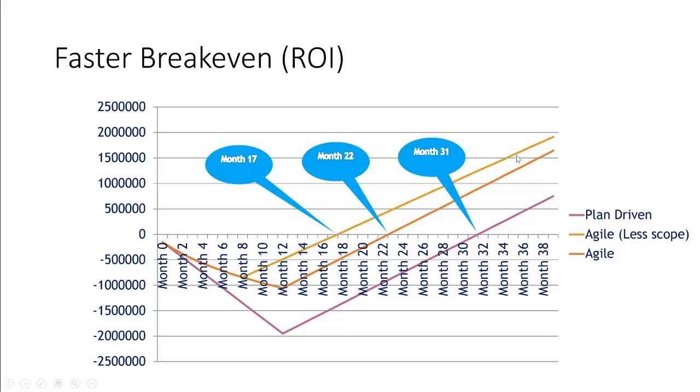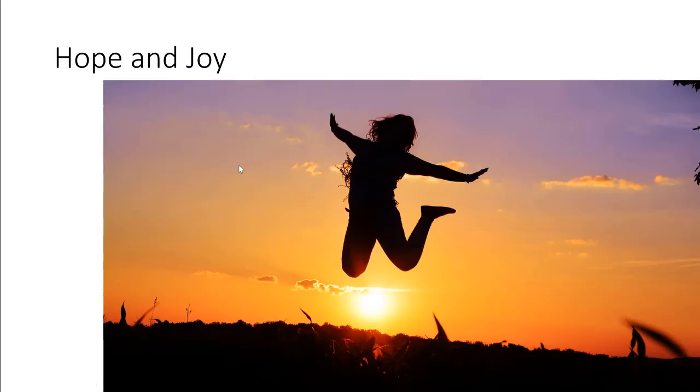It has a shallower angle than this line does, and that's because you delivered less product, so it doesn't have as much income coming from that extra little piece. But it's a minor piece of the product, and therefore it doesn't impact it dramatically. But you can see we moved from 31 months to 17 months ROI. Significantly better.